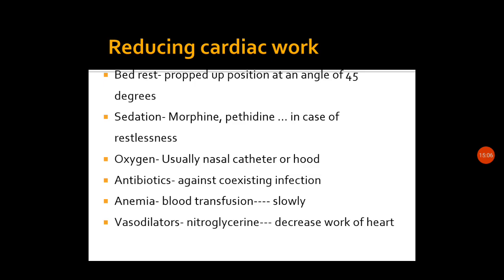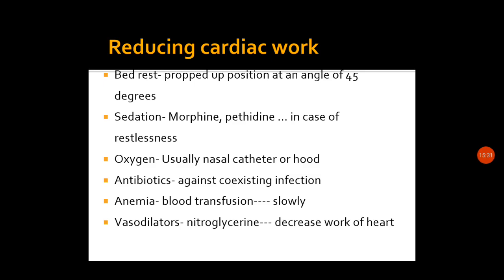So to reduce the cardiac work, we provide bed rest, especially in a proper position at an angle of 45 degrees according to the comfort of the patient. Sedation can be required in some cases, especially if the person is restless, like morphine or pethidine. Oxygen, usually by nasal catheter, or an oxygen hood can be applied for children.